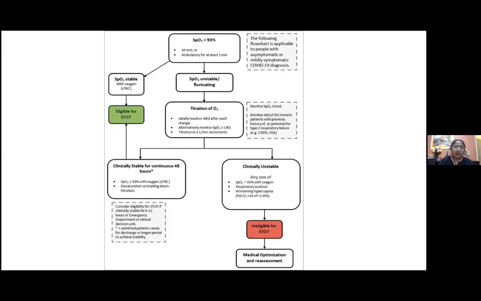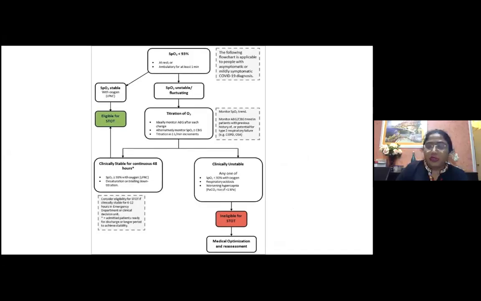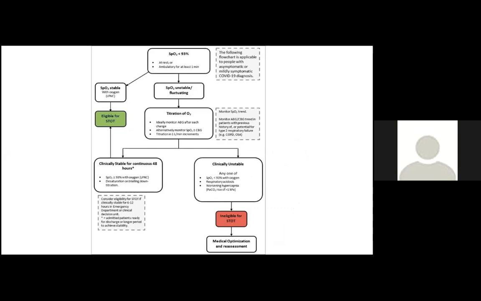So patients who are desaturating, trending down in saturation, should not be at home. But if you stabilize at a certain point of 93 or 94, then you can maintain at home and go on with the other medications. But once a patient is desaturating, these patients would actually have a COVID pneumonia, which is not mild. So these are some of the indications where we would also see not only the oxygen.